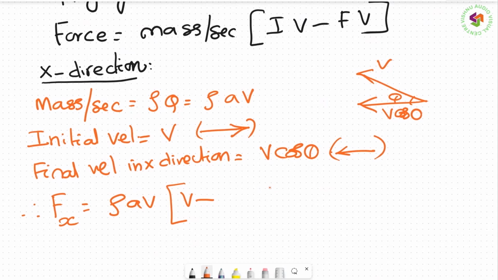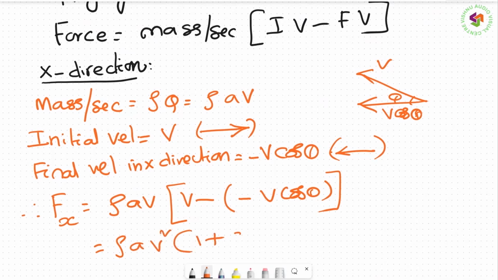So naturally it is minus V cos theta. What does this minus indicate? It is acting in the opposite direction, not in the positive direction of the x-axis. Therefore, Fx is equal to rho A V square into 1 plus cos theta. That's all.